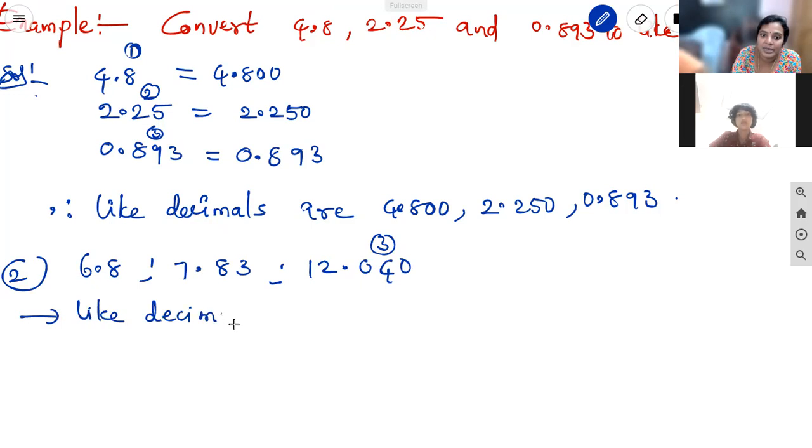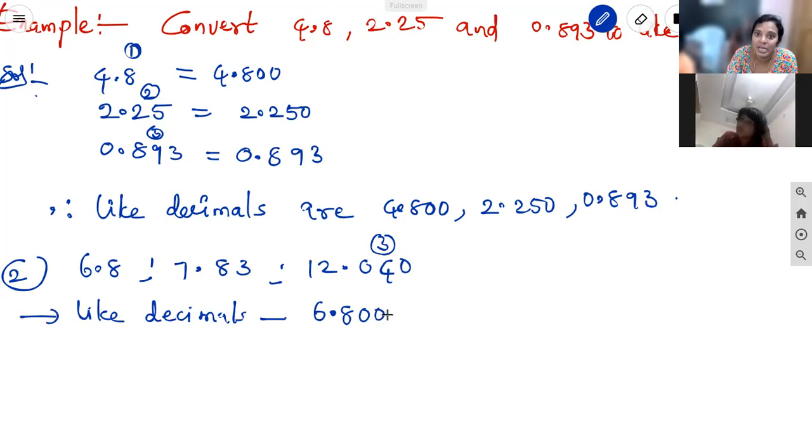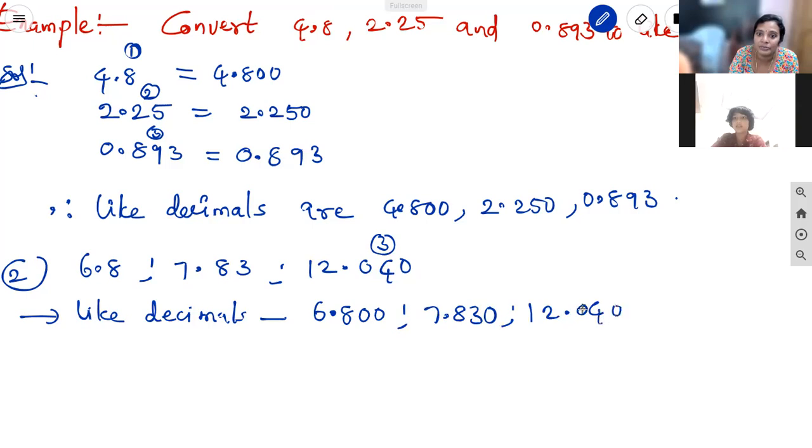For 6.8, the equivalent with 3 digits is 6.800: take the right end 2 digits as zeros. For 7.83, here 2 digits are there, so put 1 zero at the right end, 7.830. The third one is 12.040. Now you observe, after the decimal point 3 digits are there, 3 digits, 3 digits.